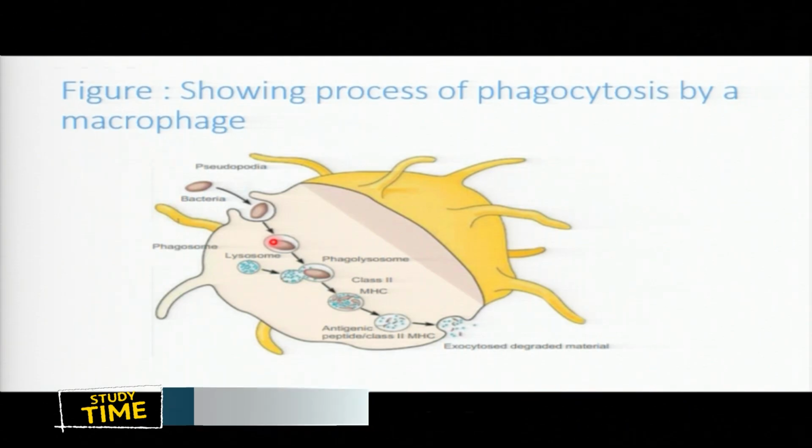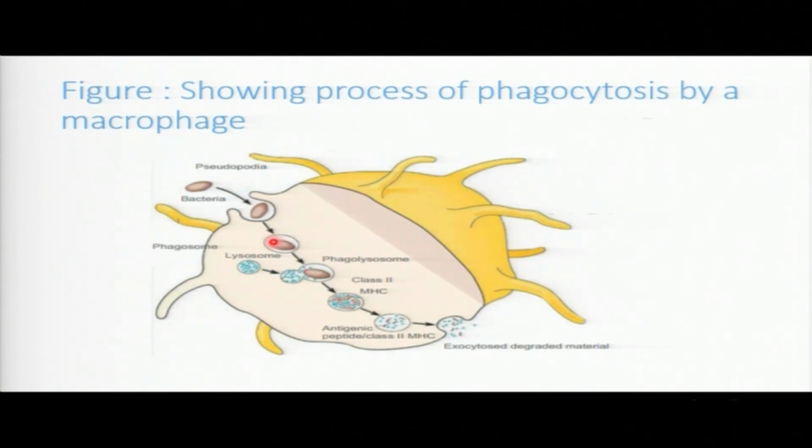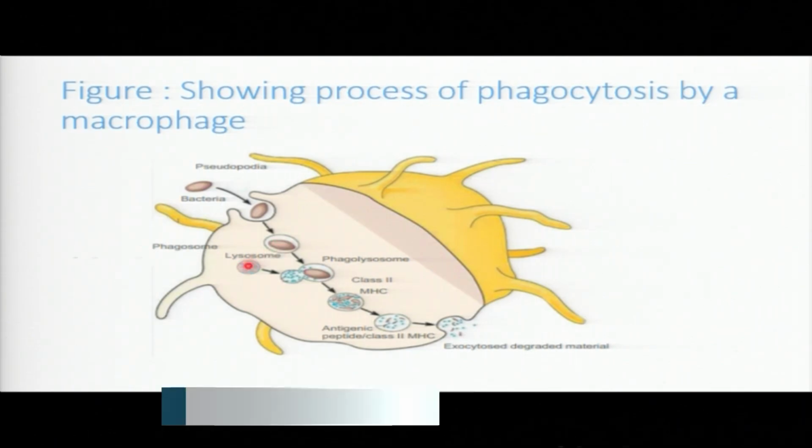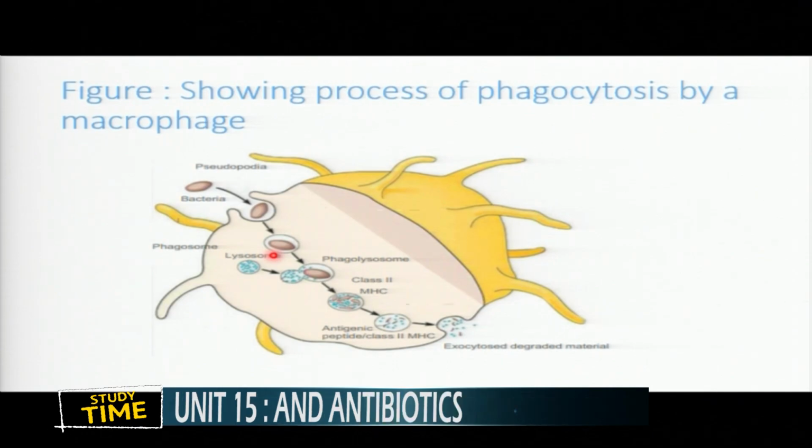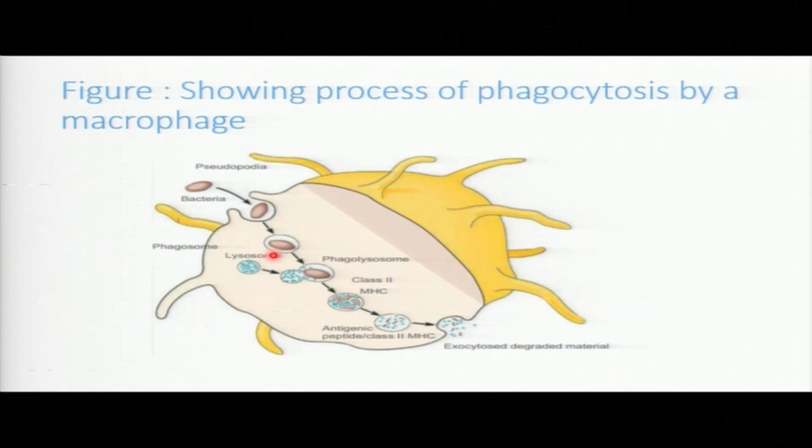And then finally, this bacteria contained in the vesicle is going to combine with lytic enzymes that are produced in the cells. And then those lytic enzymes, called lysosomes, come and attach on what? On the phagosome, to form what you call a phagolysosome.